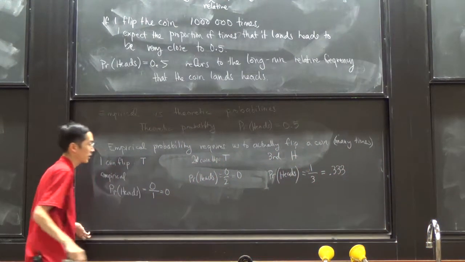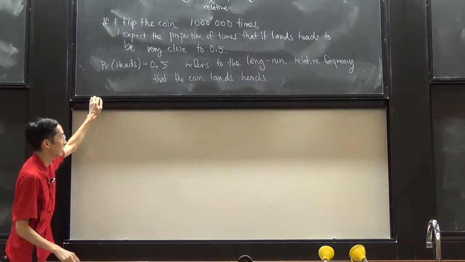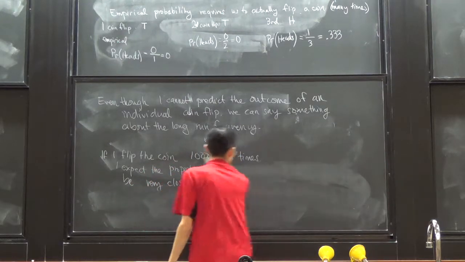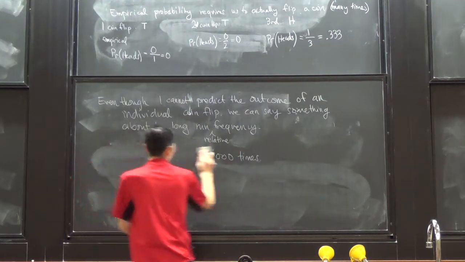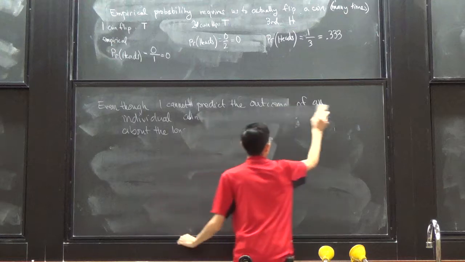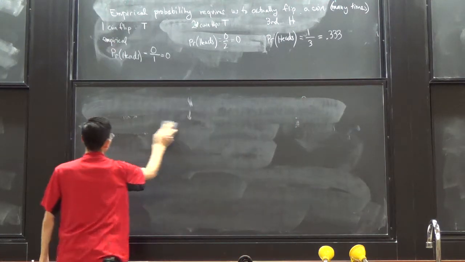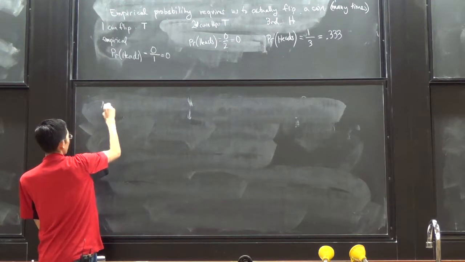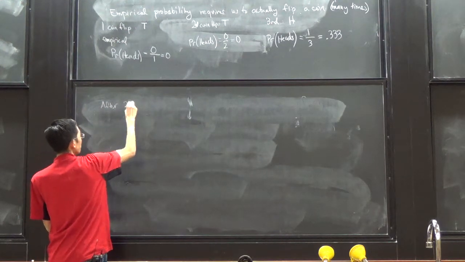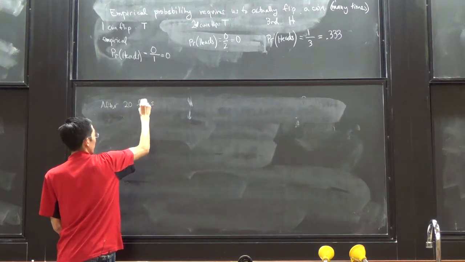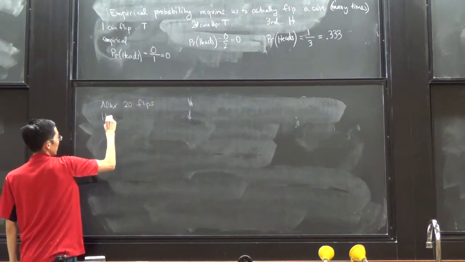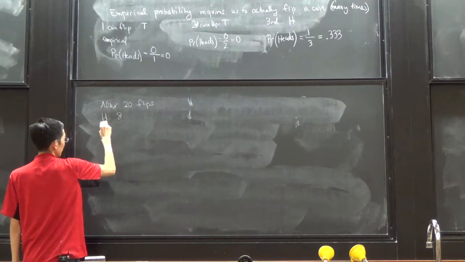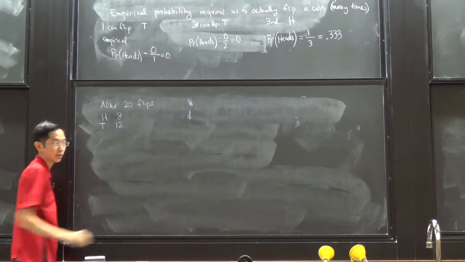Perhaps I flip the coin more, so after 20 flips, maybe I've seen 8 heads and tails 12 times.